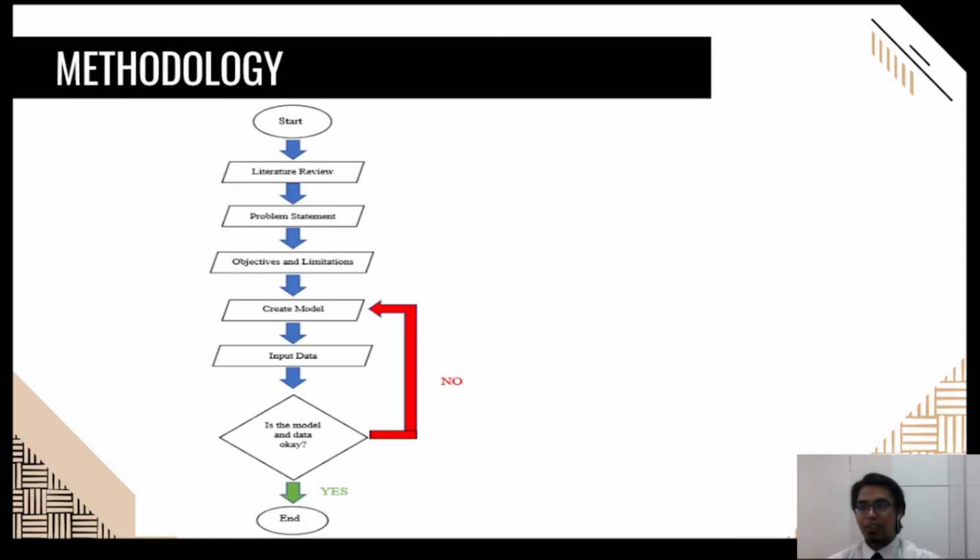The next one is we must know if the data and the model is okay. If the data and the model is not okay, we have to go back to creating a model and input the data. And if it's still not okay, we have to loop it all over again until the data and model is okay, we can proceed to the next one and end my final year project 1.